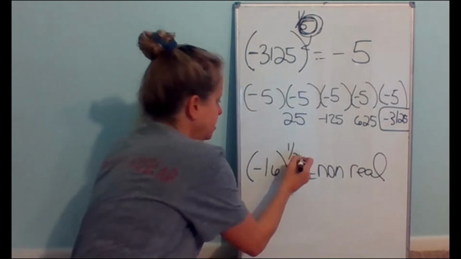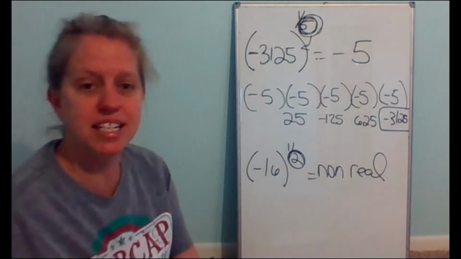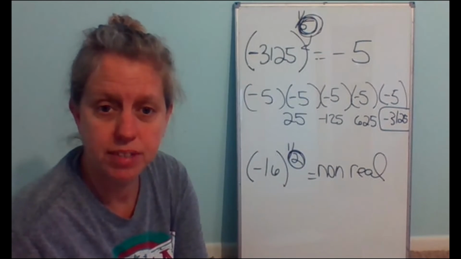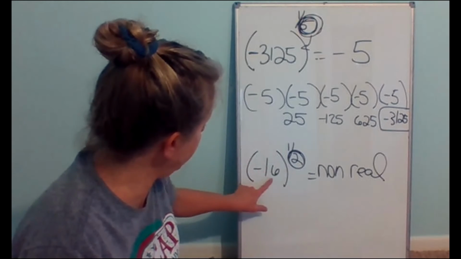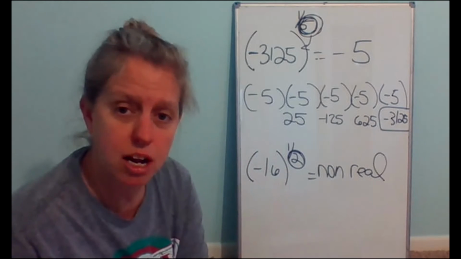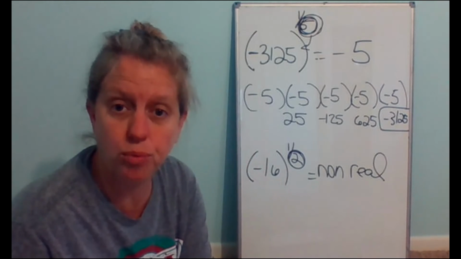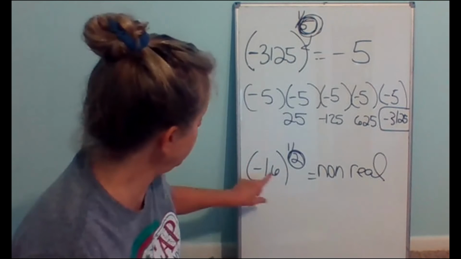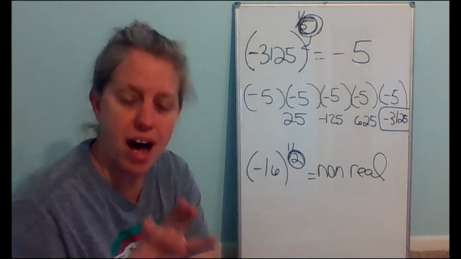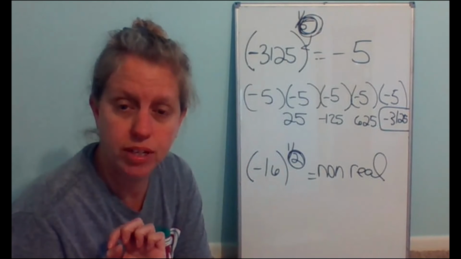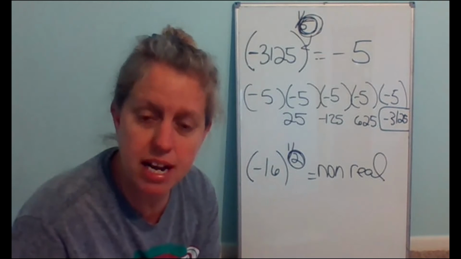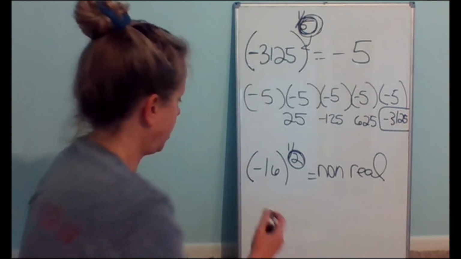For that same reason, if that number is even and you have a negative inside your parentheses, there's not going to be a number that's going to do that for you, right? Because the square root of positive 16 is 4. So you're saying, why wouldn't my answer just be negative 4? Well, try it.